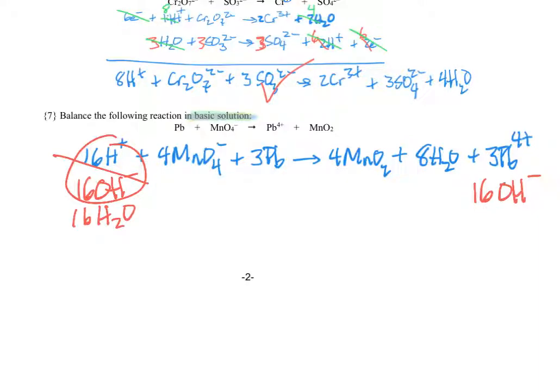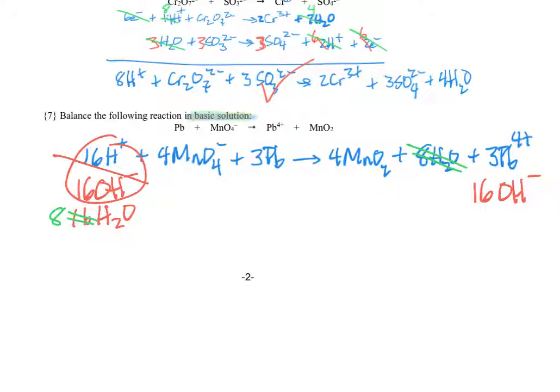And what that allows me to do is a little bit more canceling out. Now I can take these 8 waters that were on the right, and cancel those out with 8 of the 16 waters on the left. And so now, under basic conditions, if I were to rewrite my final answer, you should always write the final answer on one line, nice and neat, so it's real clear what your answer is.